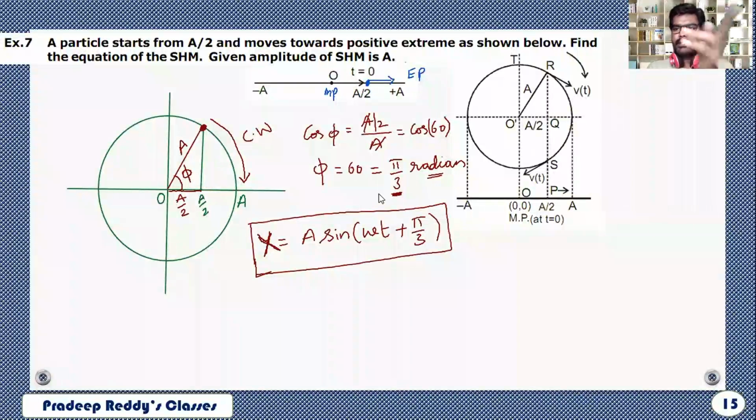This is how you can represent the motion of the particle. SHM can be represented as the motion of a particle in a circular path, and this is said to be a phasor diagram. Solving problems with phasor diagrams becomes very simple.